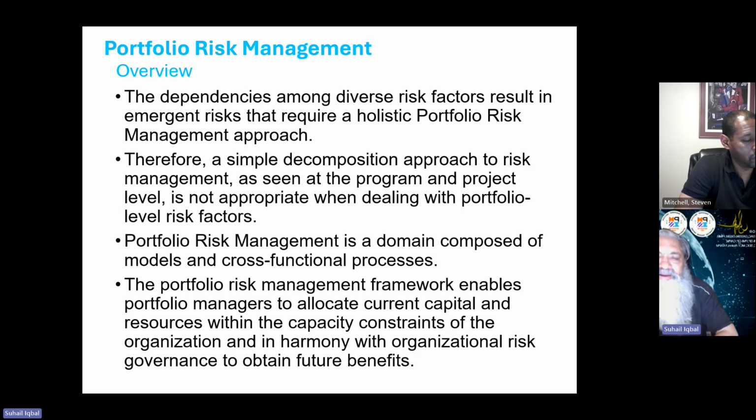Therefore, a simple decomposition approach to risk management as seen at the program and project level is not appropriate when dealing with portfolio level risk factors. What do you imagine of that? What does that mean? A decomposition approach to risk management is not applicable here in the case of a portfolio, because this is a much more complex environment in which you are trying to do your risk management.